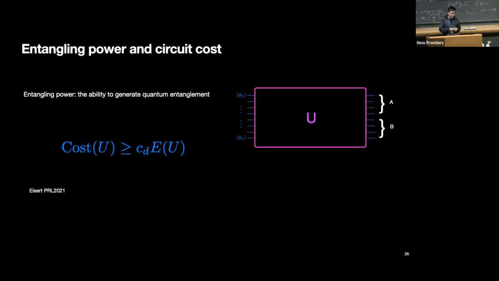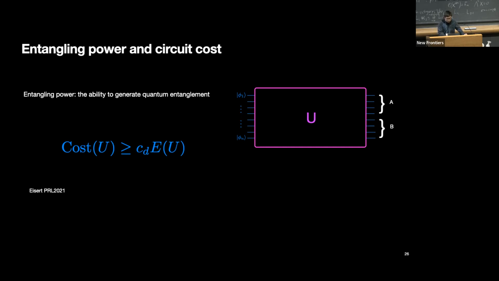So the entangling power is just the maximal amount of entanglement that could be generated by the circuit. And last year, Yan's research showed that the circuit cost is lower bounded by the entangling power. And here the entangling power is quantified by the entanglement entropy. So this is a result showing the connection between circuit cost and the entangling power.